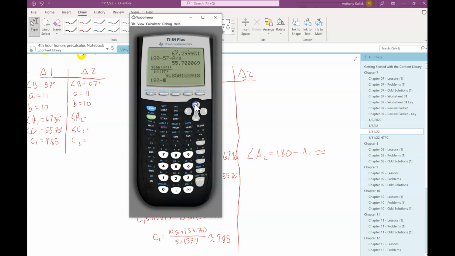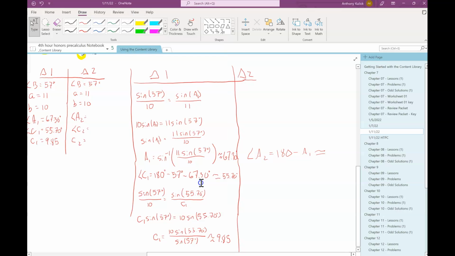And this is specifically the spot where you have to make sure you're doing stuff in the right order. So that's 112.7. Because if you tried to find angle C2 here first by looking at the complement, you will not be getting the right answers. You know what I mean, guys?